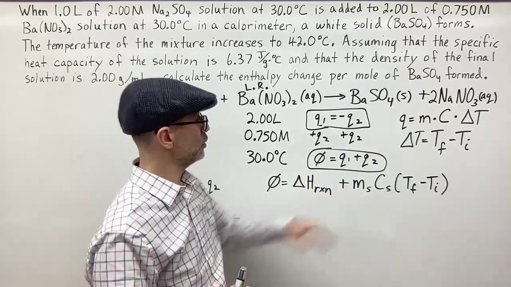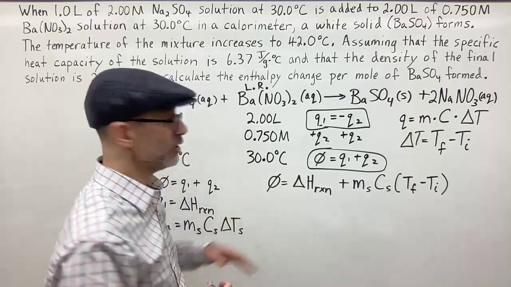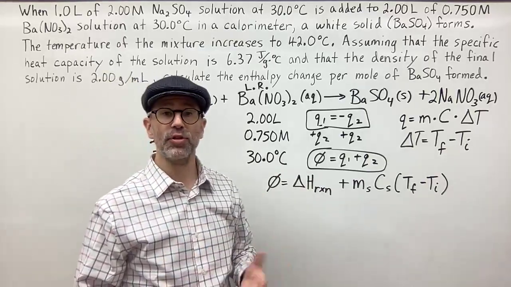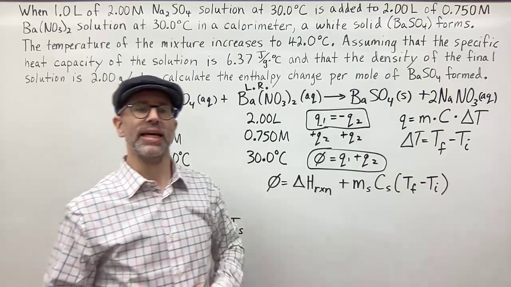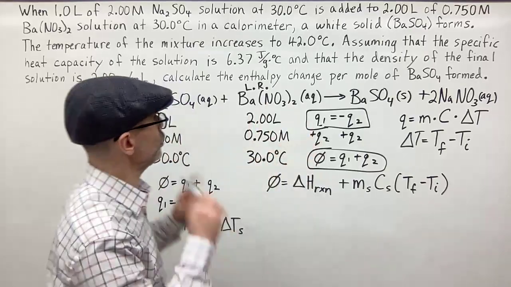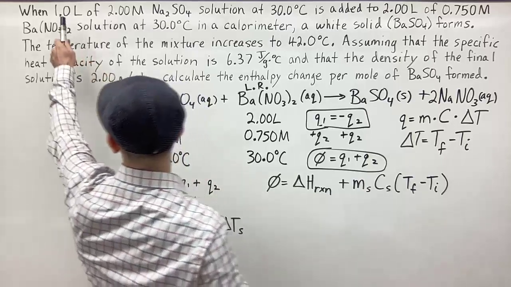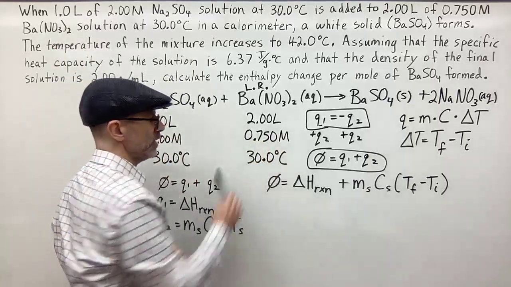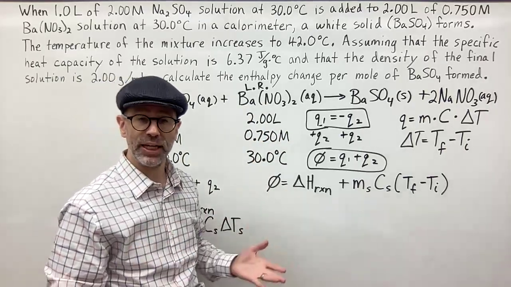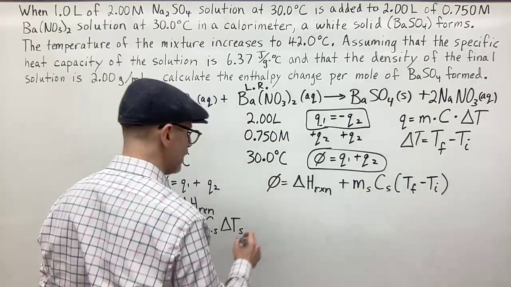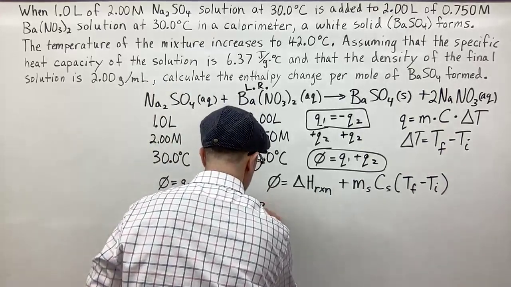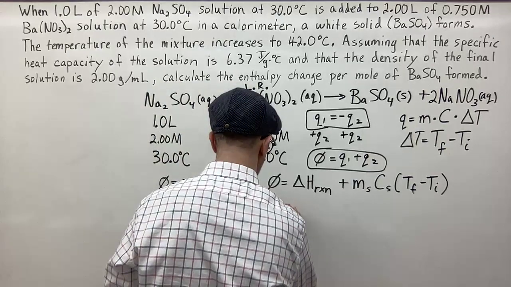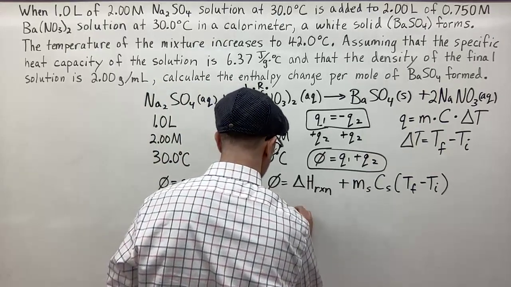So what's the mass of the solution? Well, we don't know the mass of the solution, but we can calculate it. We need to know the volume of the solution. Well, what's the volume of the solution? It's the two volumes added together. You've got to remember that. So we have 1 liter of this added to 2 liters of this, which is going to give us 3.0 liters total of the solution.